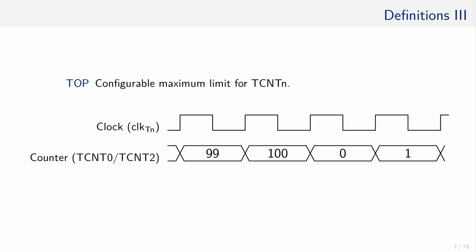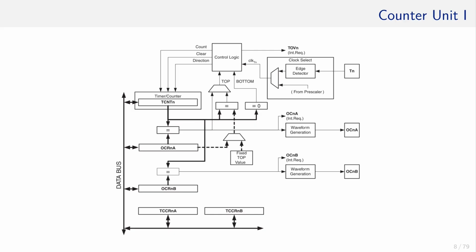How do the timers actually work? This is a block diagram of a counter. There might be some differences based on the functionality offered by the counters, which I will point out separately. However, this diagram shows the common functionality that all counters have.